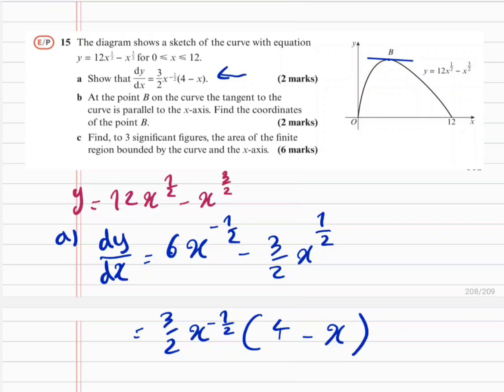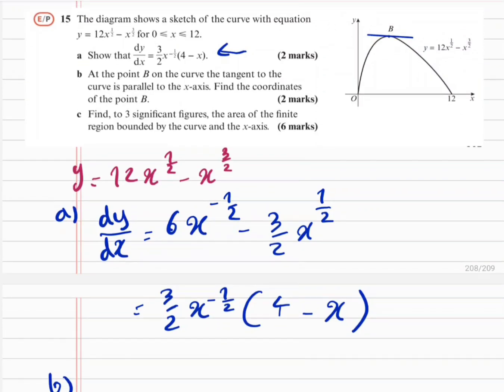But what we can use here is a simple fact that B is simply the maximum of the curve. The way we can realize why B is the maximum is not by looking at the curve, but from what they have told us. When it says that the tangent is parallel to the x-axis, we know that two parallel lines have the same gradient.